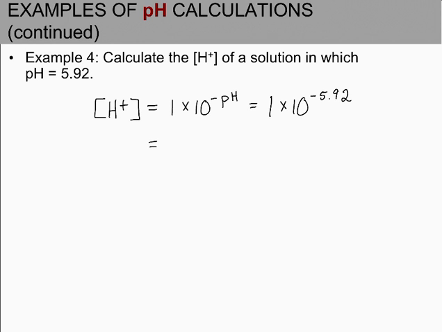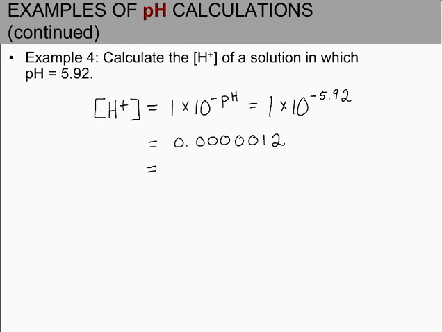Now, when you plug this into your calculator, you're going to get a different number or a different scientific notation. And your calculator might give you 0.0000012. Let's see, 1, 2, 3, 4. Yeah, that's right. And we can convert that to scientific notation.